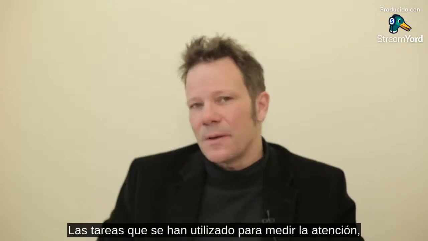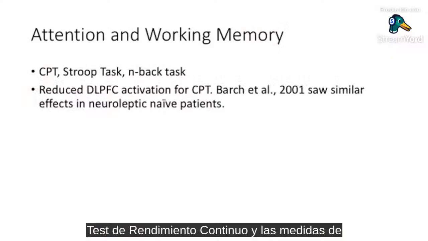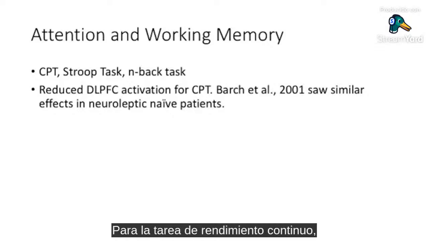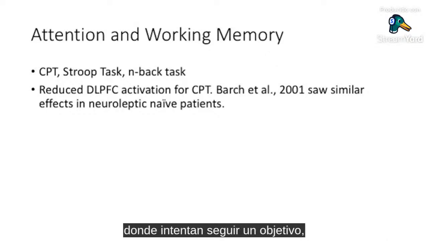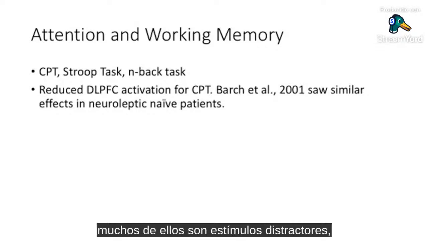The tasks that have been used to measure attention have typically been a task called the CPT, or continuous performance test, and measures of working memory have typically included what's called an N-back task. For the continuous performance task, studies have shown that people are trying to track a target, and in this task, typically a series of stimuli are shown, many of them distractor stimuli, and periodically a target stimulus will show up.